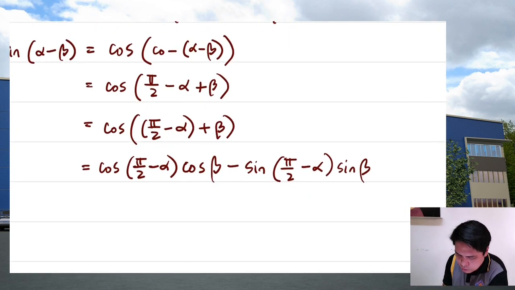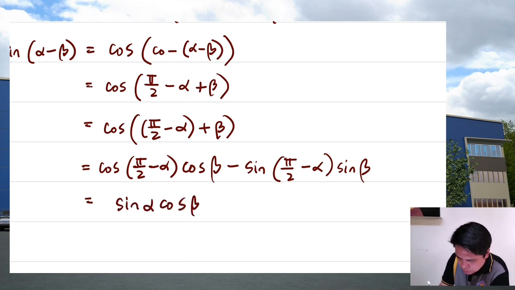Now, eto, we are looking at complement. So, cosine of the complement of theta. So, what is the cosine of the complement of alpha? As we have already derived, that's sine alpha.